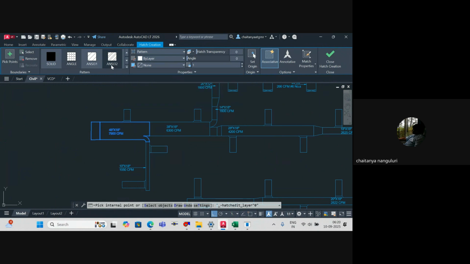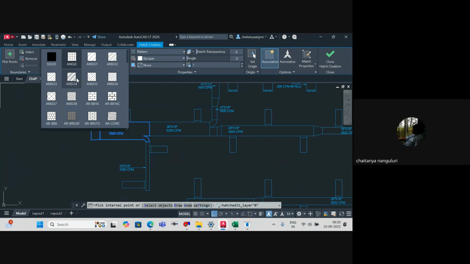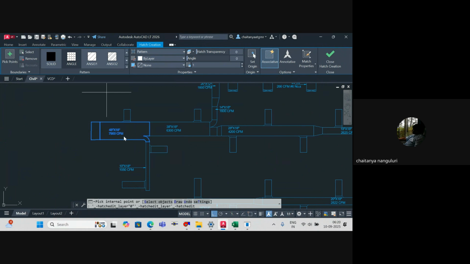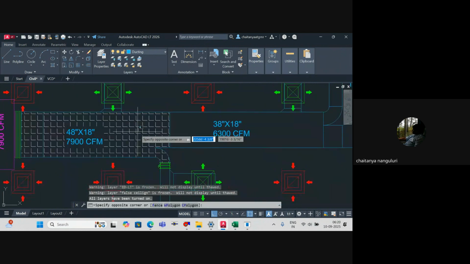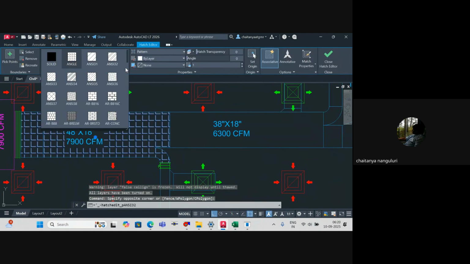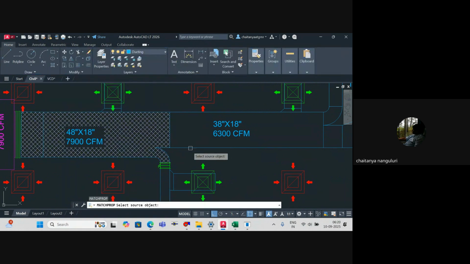And acoustic will go for ANSI 45. Where is ANSI 45? G30 and G37. Yeah, this we can use. G37 that uses gray.